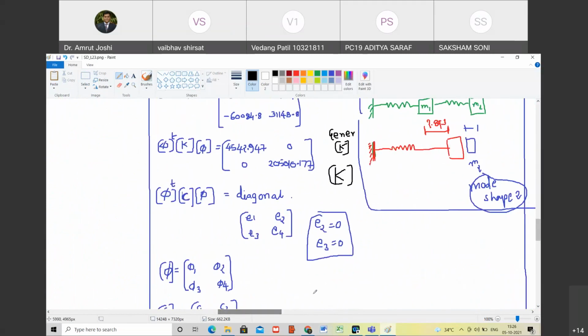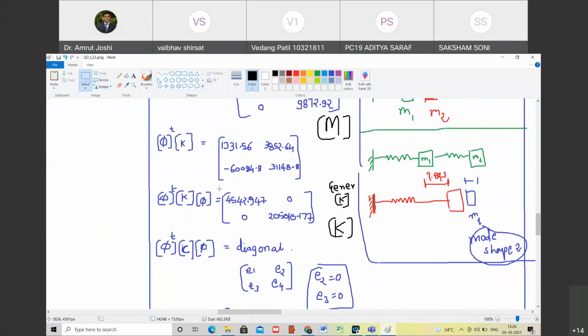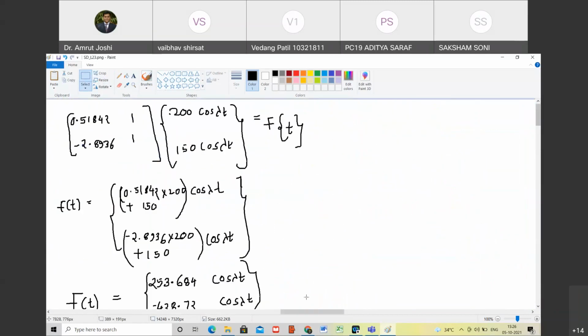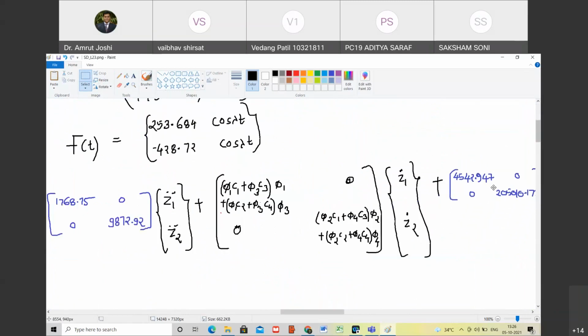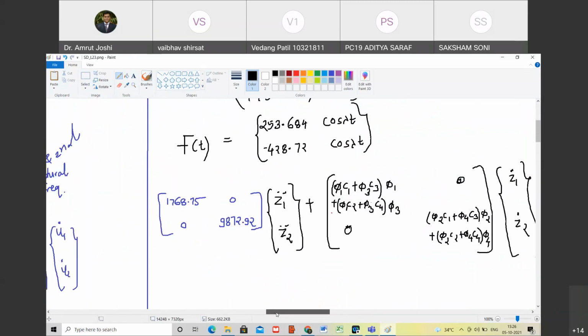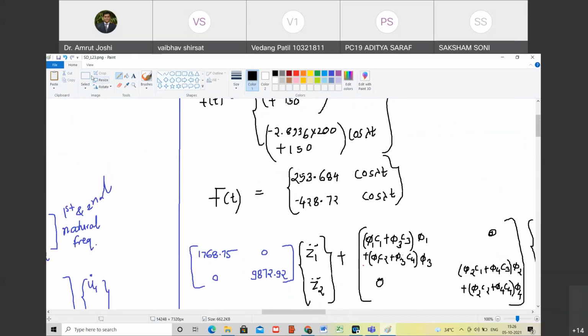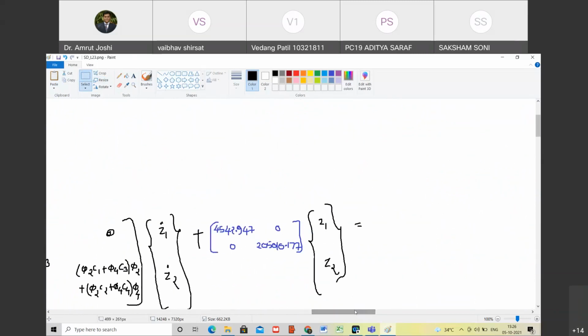Where is our K matrix? This one. Plus this K into z1 and z2. All the matrices are diagonal now. You can see. This must be equal to our generalized force matrix, which is this one. So we have to now solve these two equations.